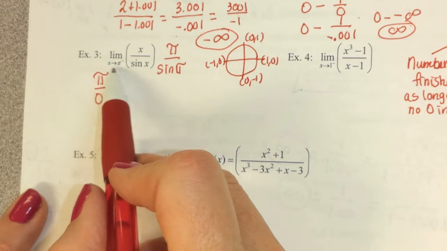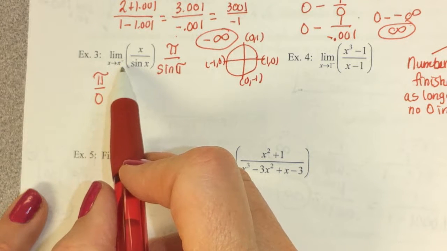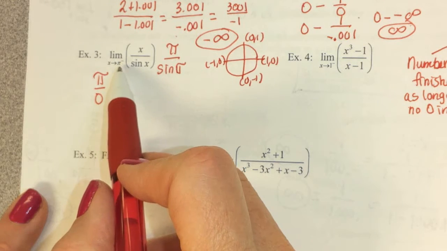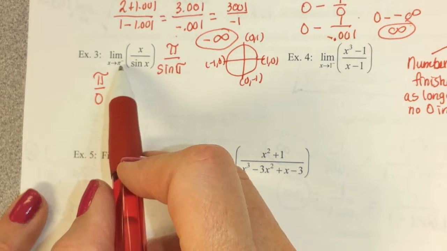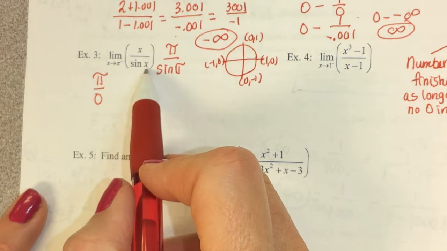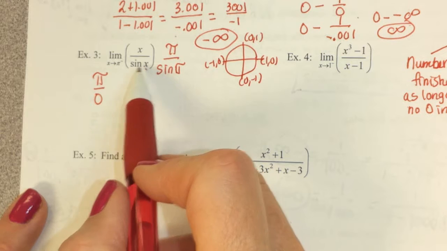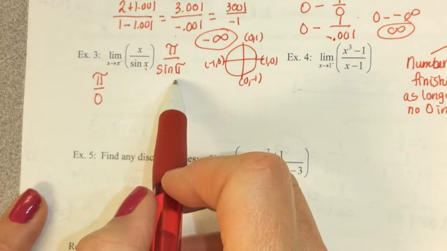Now I have to approach pi from the negative side. Okay? So think about this. Something a little bit less than pi. If pi is 3.14, I could theoretically test 3.13, I guess. But I don't know the sine of 3.13. So what's something that's less than pi that I do know the sine of?